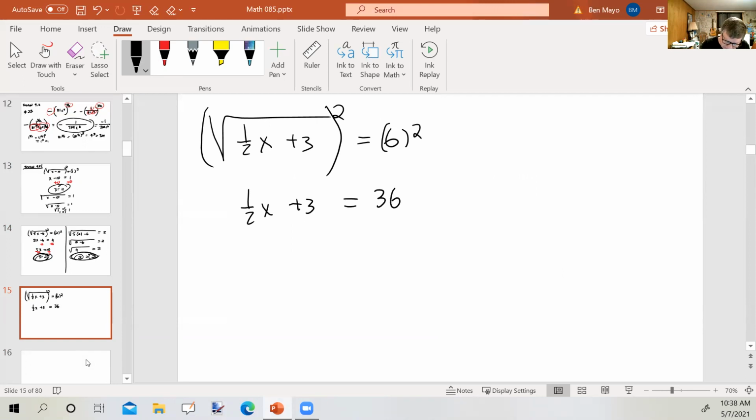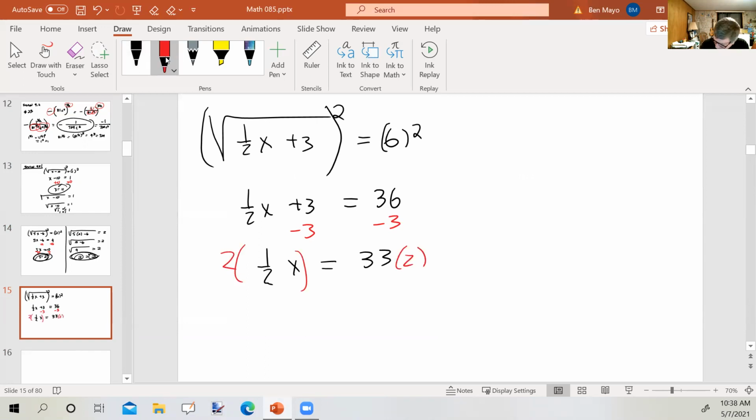Going on and isolating x eventually, we'll subtract 3 from both sides. So we get 1/2 x equals 33. Okay. Then we're going to multiply both sides by 2 to clear the fraction. So x equals 66. Let's check our work.